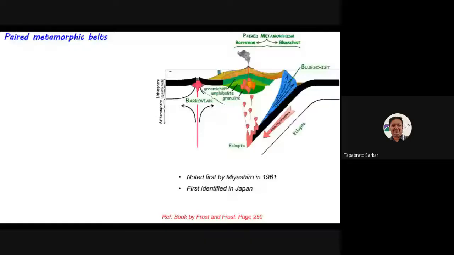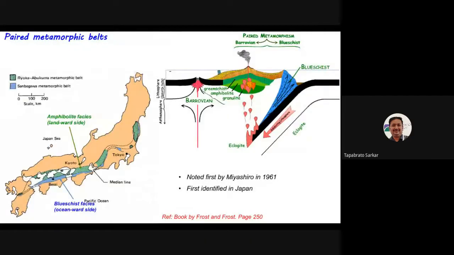Okay, so the last thing I'll do very quickly is give you an idea about what paired metamorphic belts are, and we will stop.